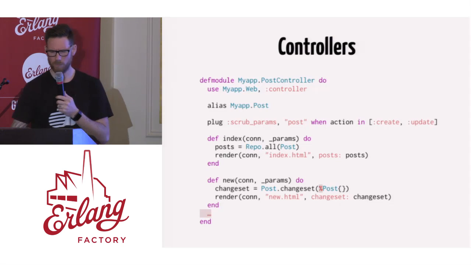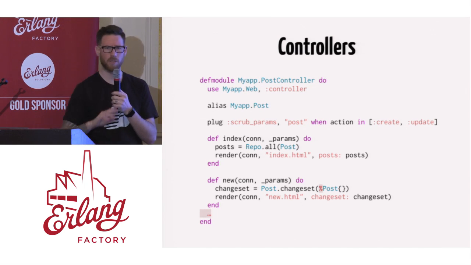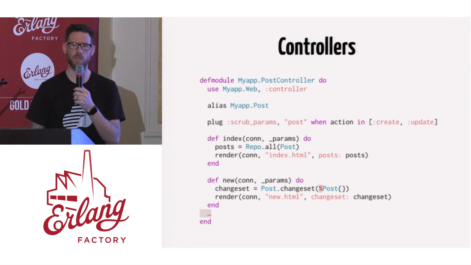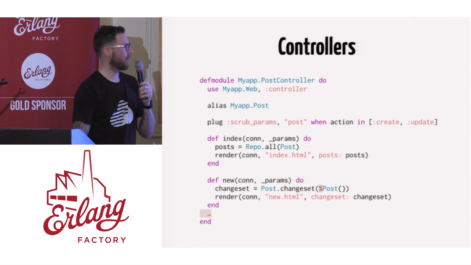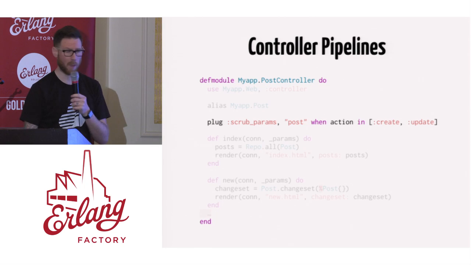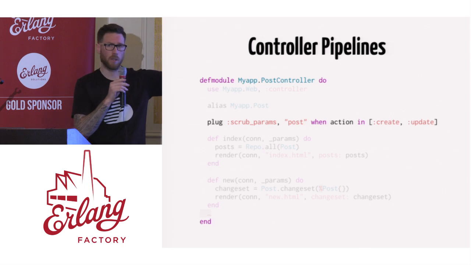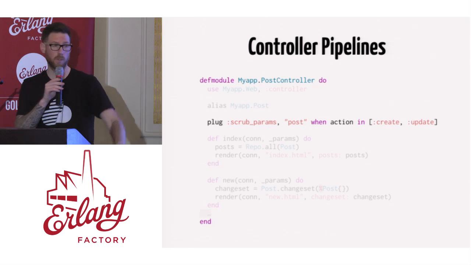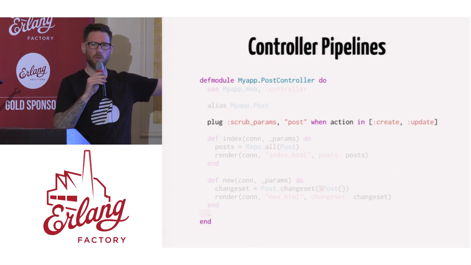All right. So controllers. This is where you're basically going to do all of your business logic for taking in the request and making stuff happen. Controllers also have pipelines as well. So you just say plug, and you can give it the name of a function or a module, for instance. And then you can also have these execute conditionally.